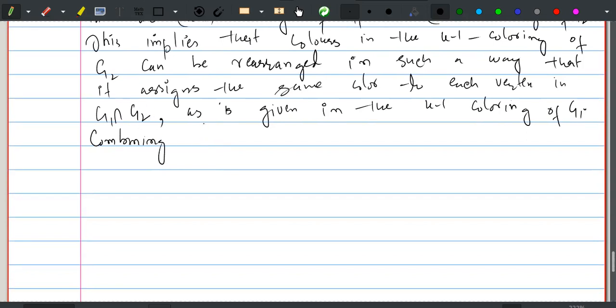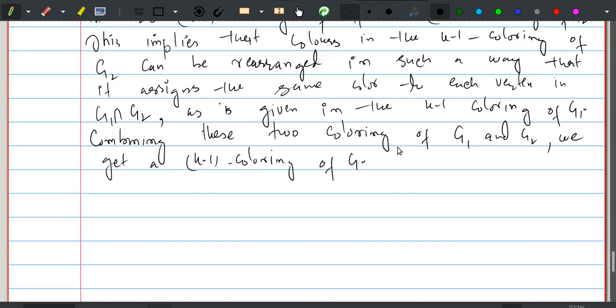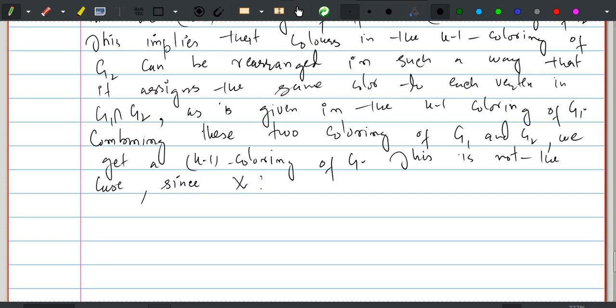So combining these two colorings of G1 and G2, we get a k-1 coloring of G. This is not the case, since chi of G is k.